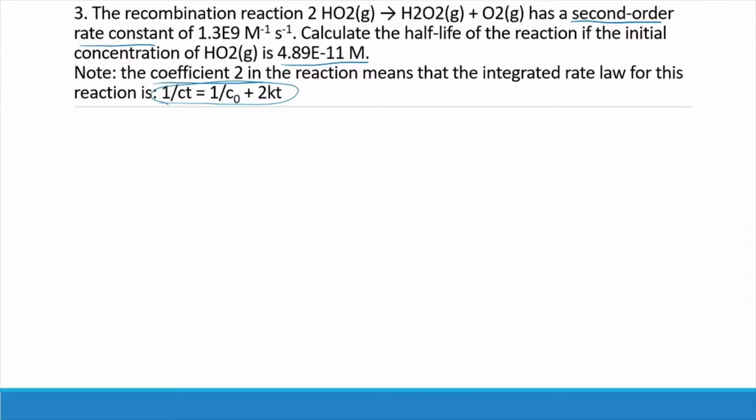So let's start by writing what we know. We know that K is equal to 1.3 times 10 to the 9th inverse molar inverse second. We know our initial concentration of HO2 is equal to 4.89 times 10 to the negative 11th molar.